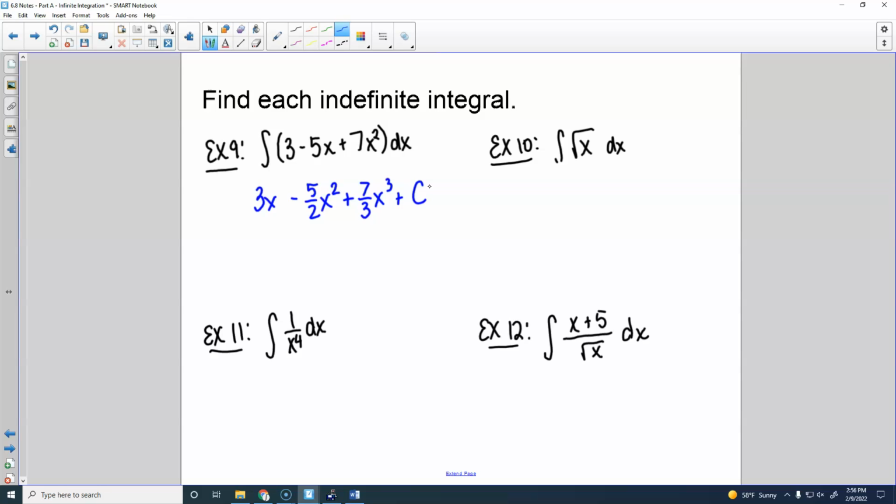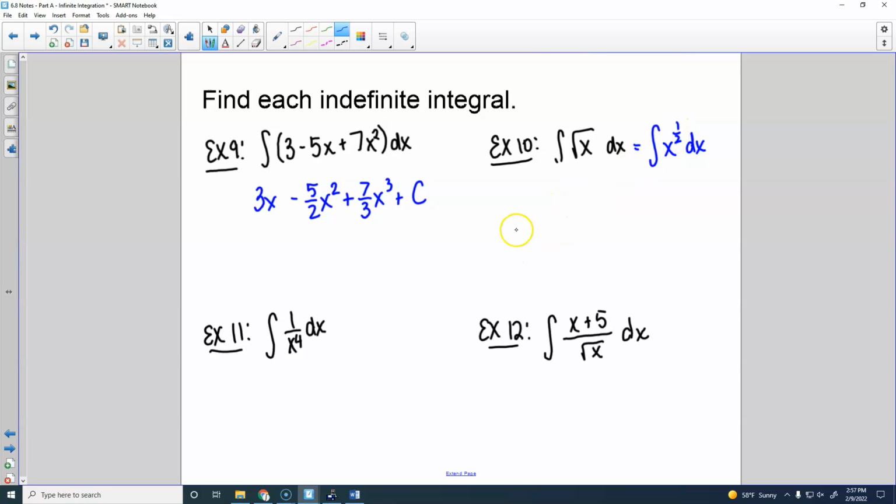Okay, number 10, I've got a square root. I need to think of this as x to the 1/2 dx before I integrate. So whenever I do that, Eli, what will I get when I integrate that one? Or tell me how to do it. I would probably write out another step on this one.